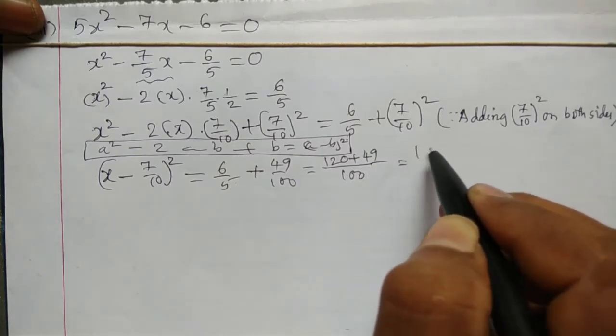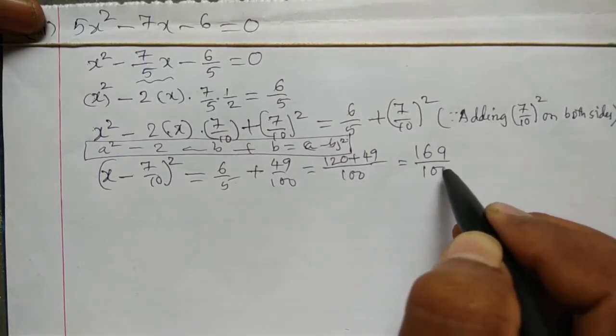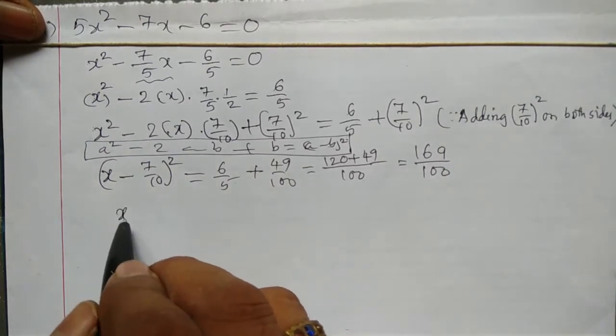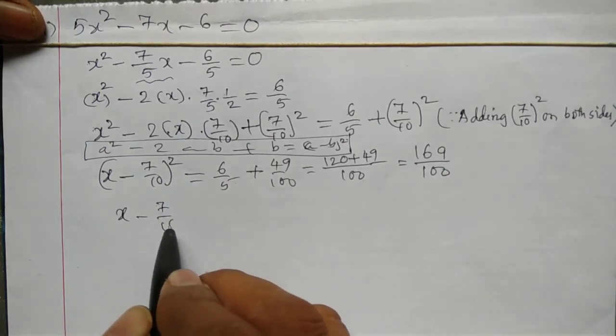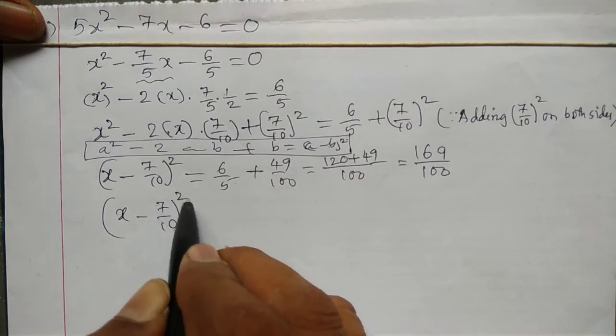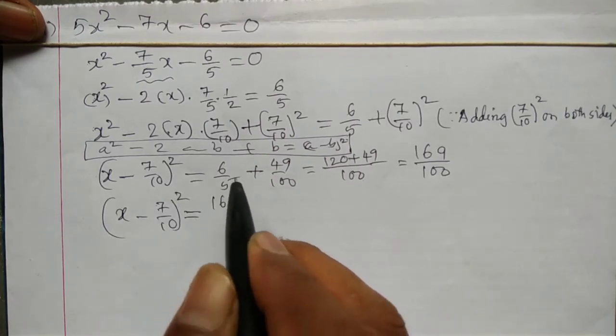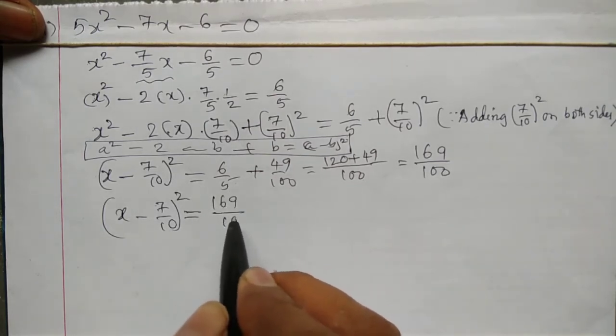So that is equal to 169 by 100. x minus 7 by 10 whole square is equal to 169 by 100.